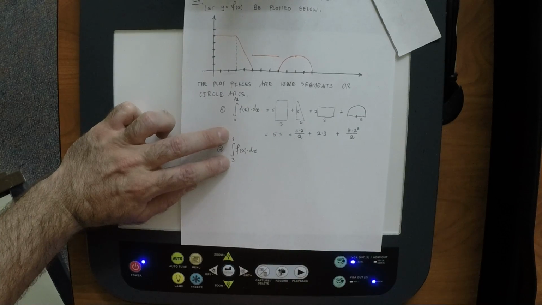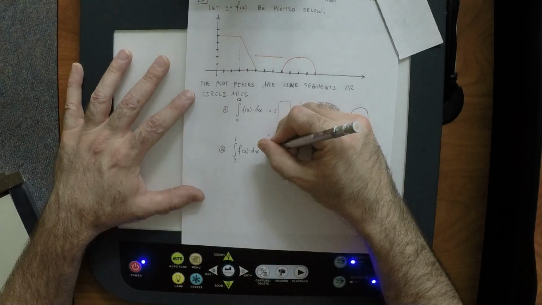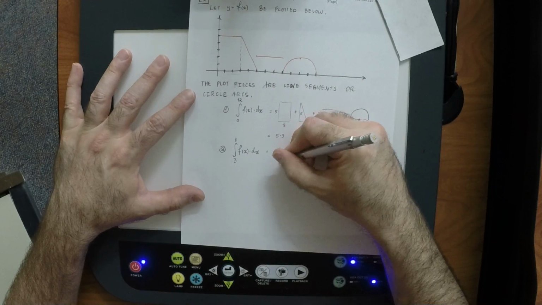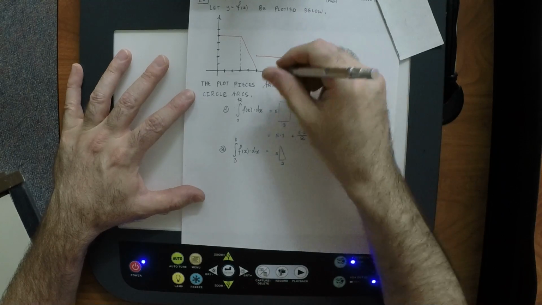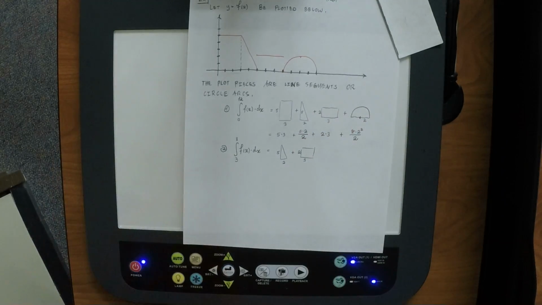But I'm just interested in the stuff between 3 and 8. So in this case, the answer would be just the triangle and the rectangle. Good. Any question about this?